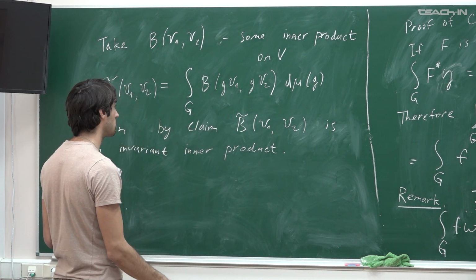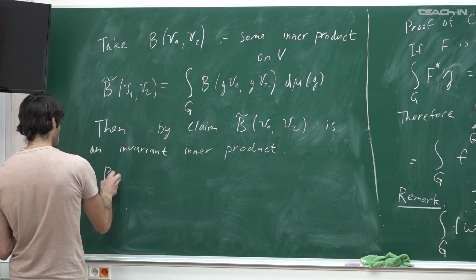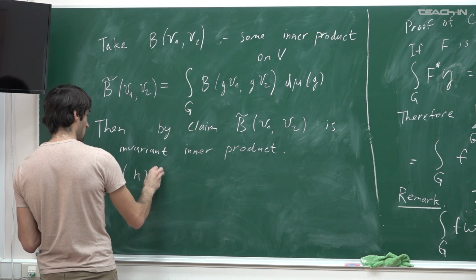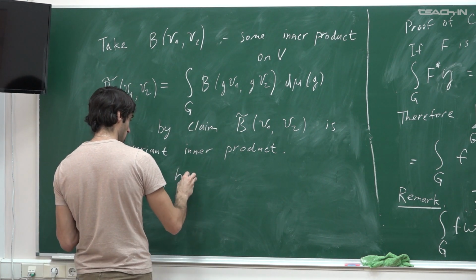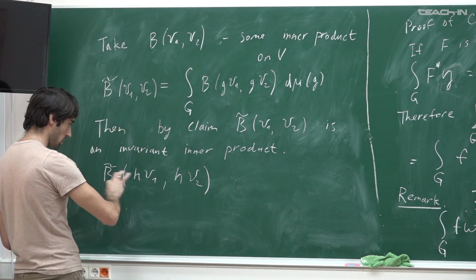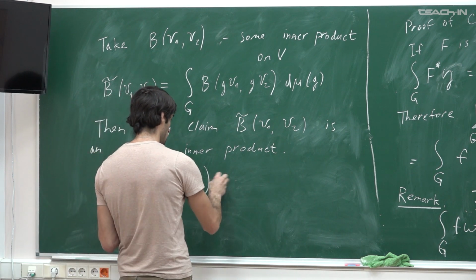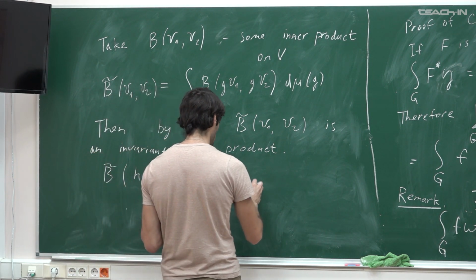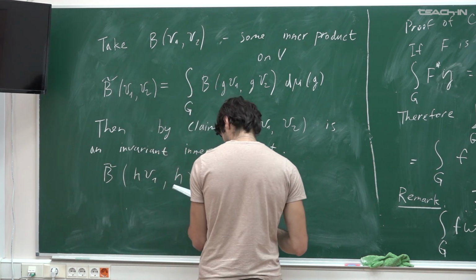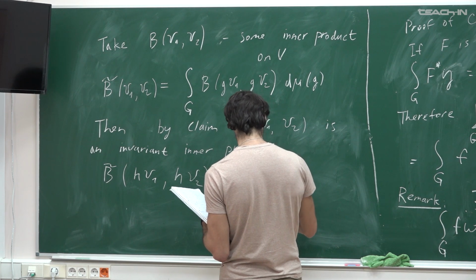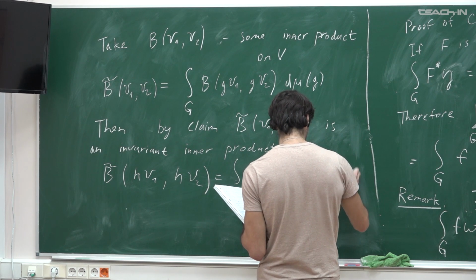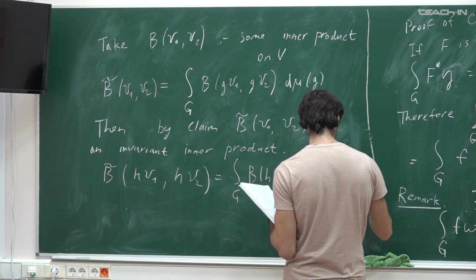It's just because I multiply both v1 and v2 by some h in the group, acting on both. This is the integral over G of B(h g v1, h g v2) d mu of g.